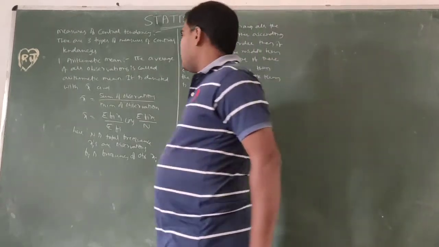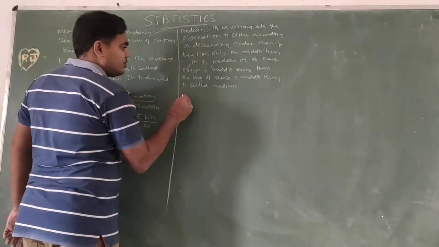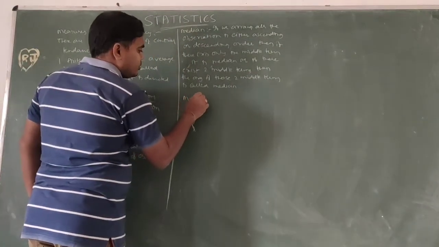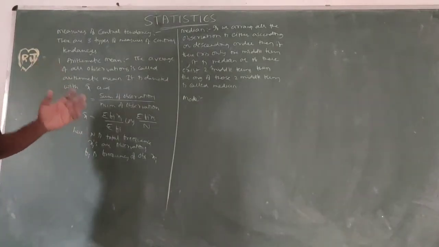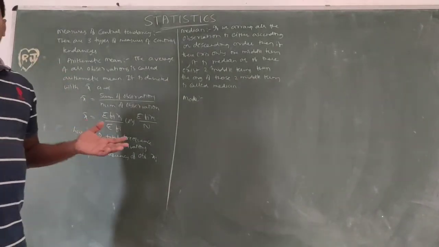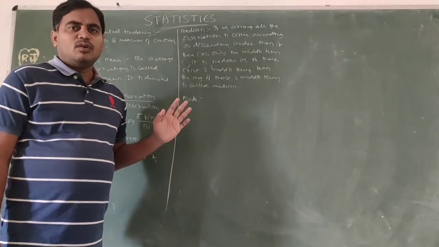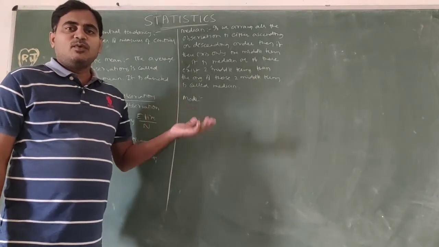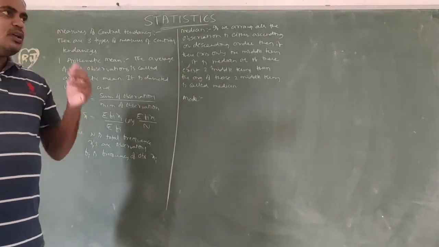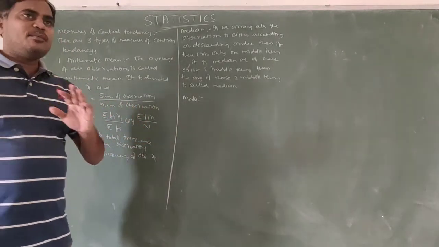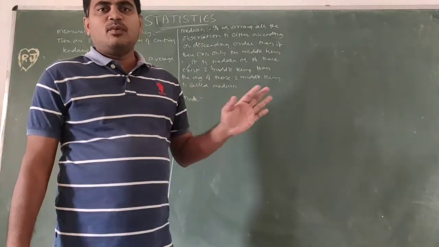Next, mode. Mode is nothing but, among all the observations, the one which is more repeated is called mode. The observation which is more frequently occurred is called mode. For example, if none of the observations is repeated, there won't be any mode.